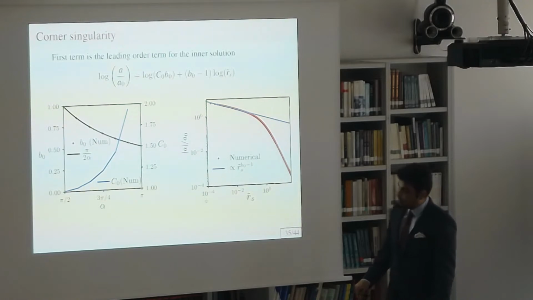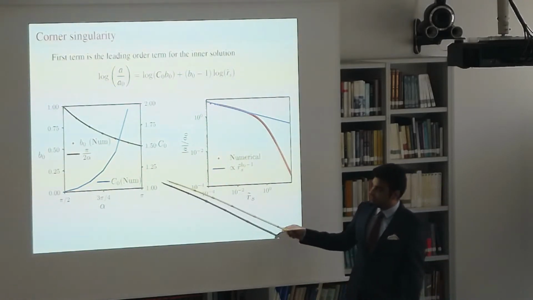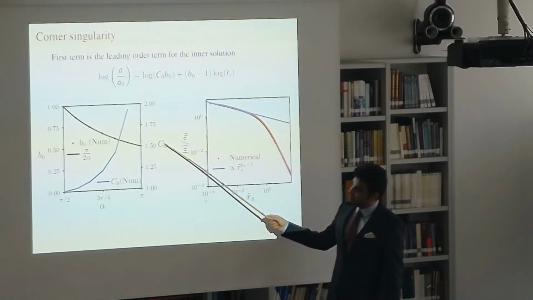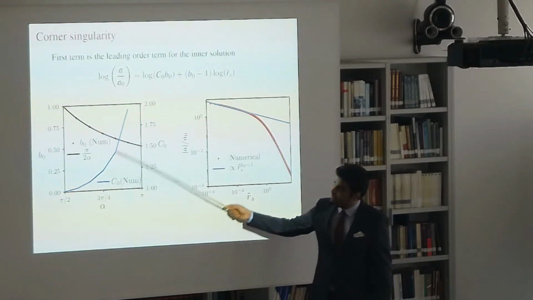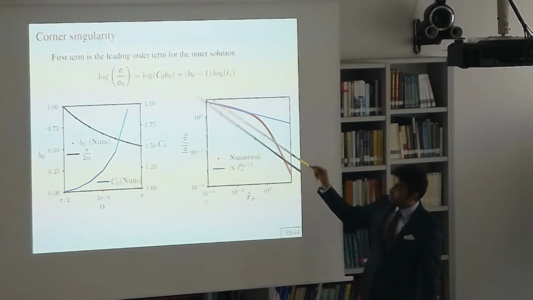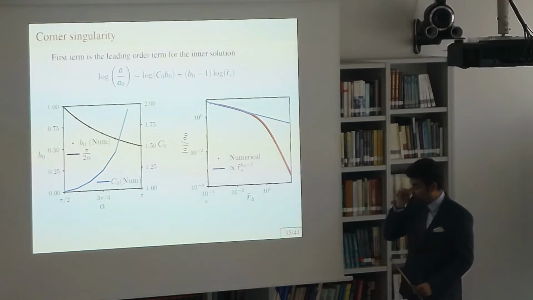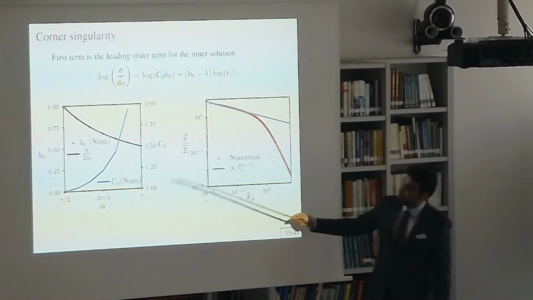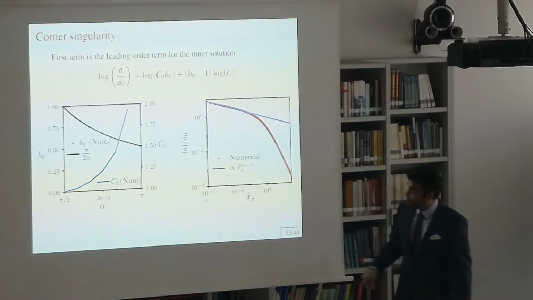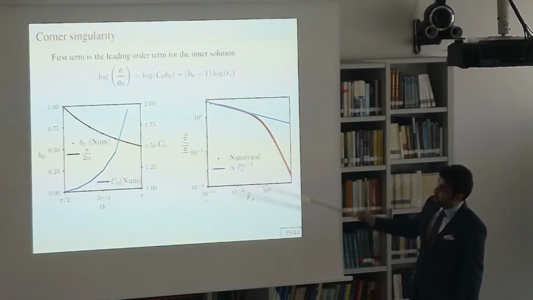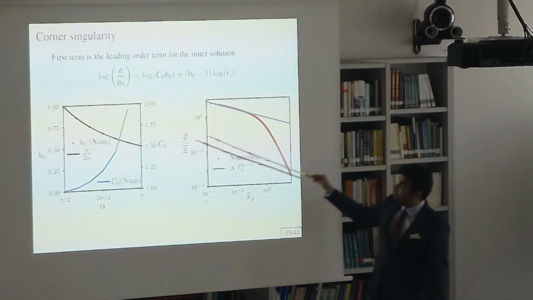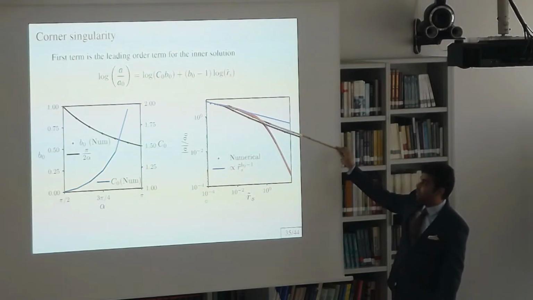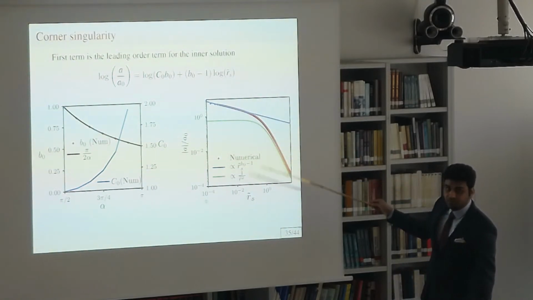So we verify that there is a singularity in the numerical simulations. We can also predict C0, which is the only free parameter, and it turns out to be of order 1 for all the bubbles. Therefore, with this single free parameter, we can represent the solution near and far from the bubble.